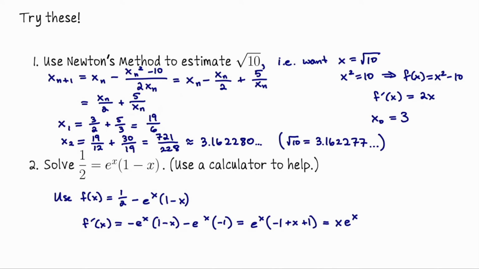I have to admit that there's no right answer for how to choose the root here, but what I was looking for, if you followed the hints, is that f of 0 is 1/2 minus e to the 0, which is 1, times 1. So overall, it's -1/2. That's less than 0, whereas f of 1 is just 1/2 minus 0, which is greater than 0. So somewhere between 0 and 1 on the x-axis, this continuous function is going to have an x-intercept.